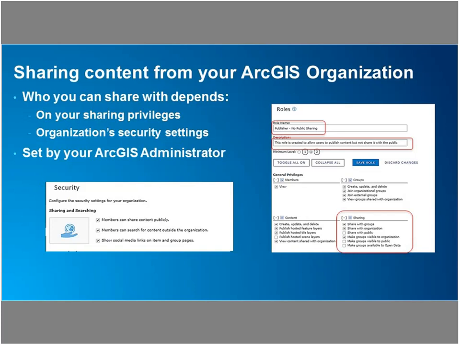There's a lot of extra security that your ArcGIS administrator would set for your organization, things like public sharing and allowing social media logins. Also in ArcGIS Enterprise, your organization will determine how they wish to share. It's something you can discuss with your administrator just to make sure you are able to share that app and the content the way you need to, whether within your organization, with another organization, with just a group, or publicly.